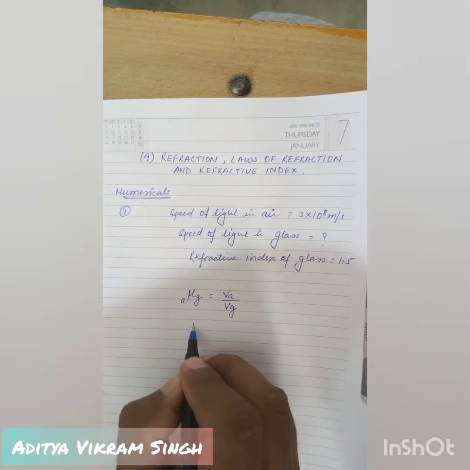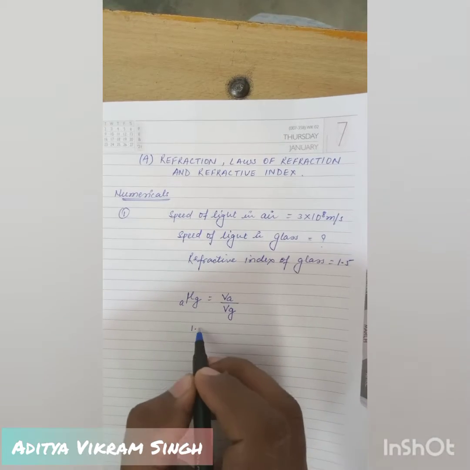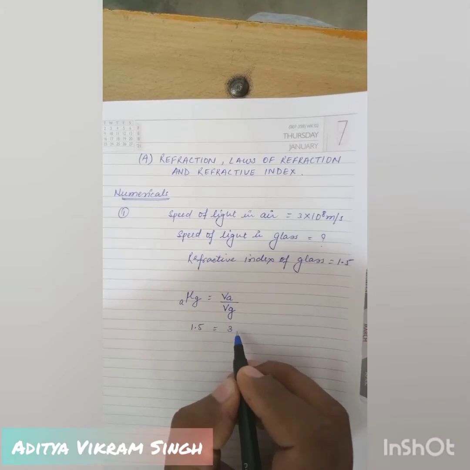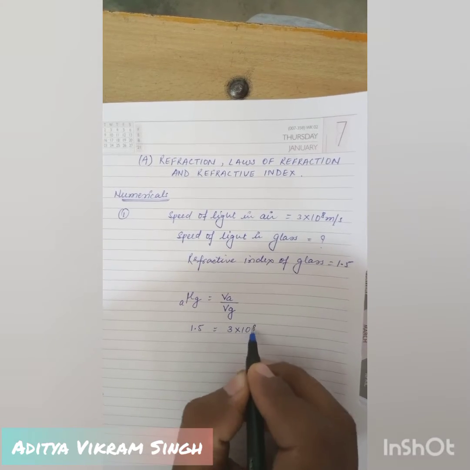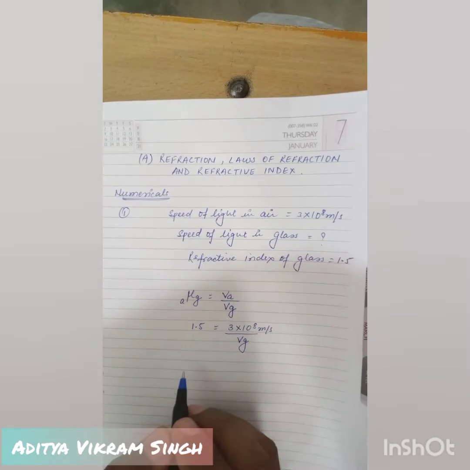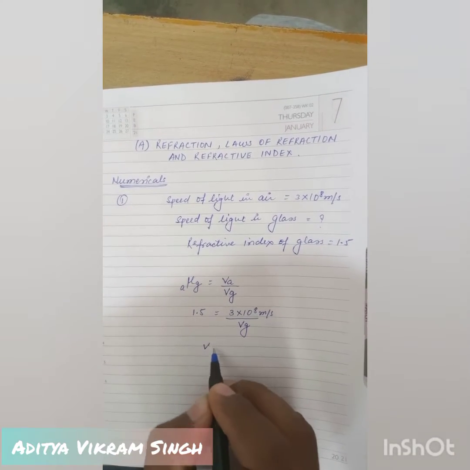Okay, so refractive index of glass with respect to air is given, which is 1.5, and velocity of light in air is 3 into 10 to the power 8 meter per second, and velocity of light in glass is not given, which is Vg. Okay, so how do we find Vg?